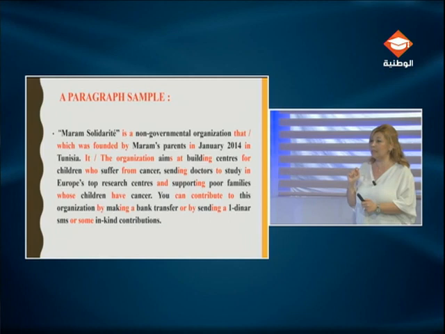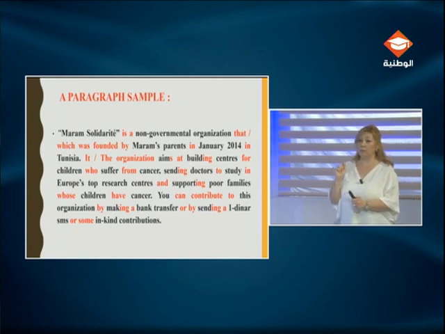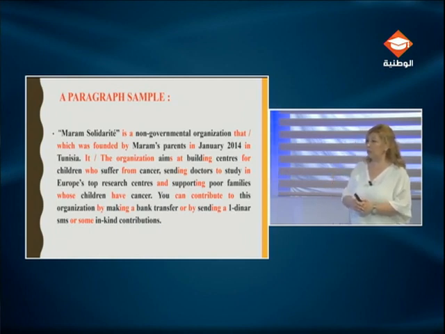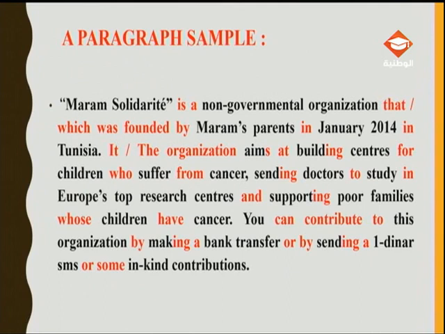We have previously seen that it has three aims: first, build, then send, and finally, support. So, after aims at, we have to use the ing form. It aims at what? Building centers for children. What about these children? Children who suffer from cancer. This is the first aim.